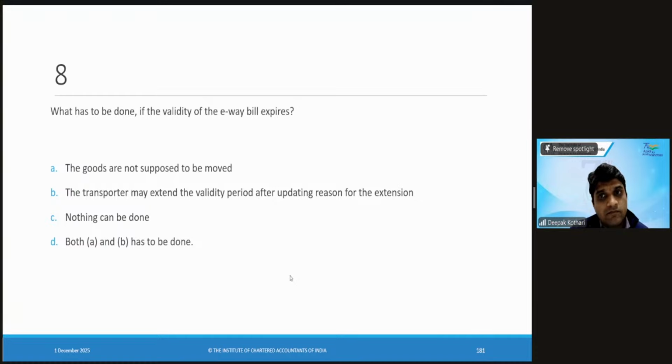How can the validity be extended? Only in case there's a breakdown, you can extend it, not in other cases.